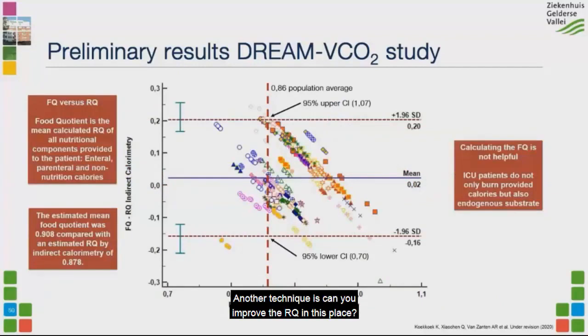And another technique is, can you improve the RQ in this equation? So VCO2 times 8.19 is kcals per 24 hours. So what about when we use the food quotient?